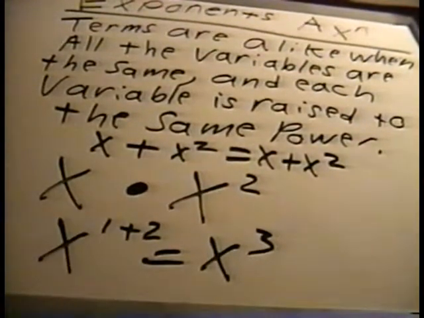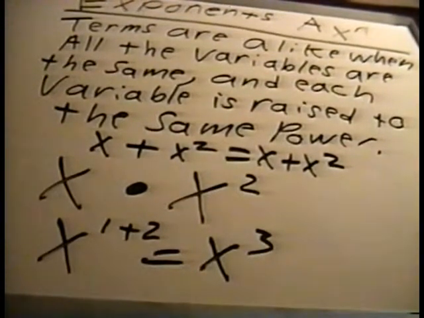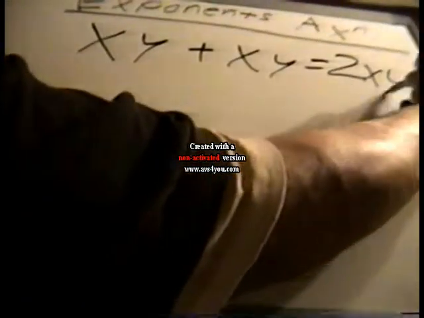Let's say if we have some numbers now. Let's say we have 2 plus x. 2 plus x is simplified. You cannot add 2 to an x because they are unlike terms. But why are they unlike terms?